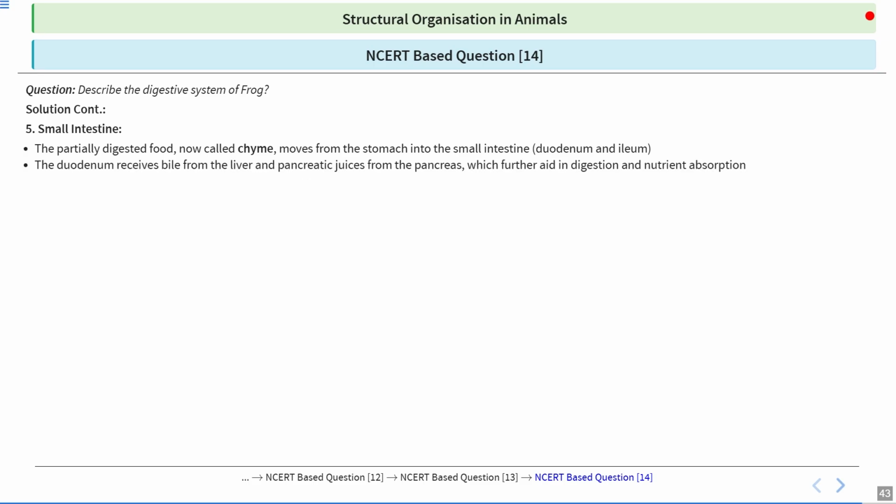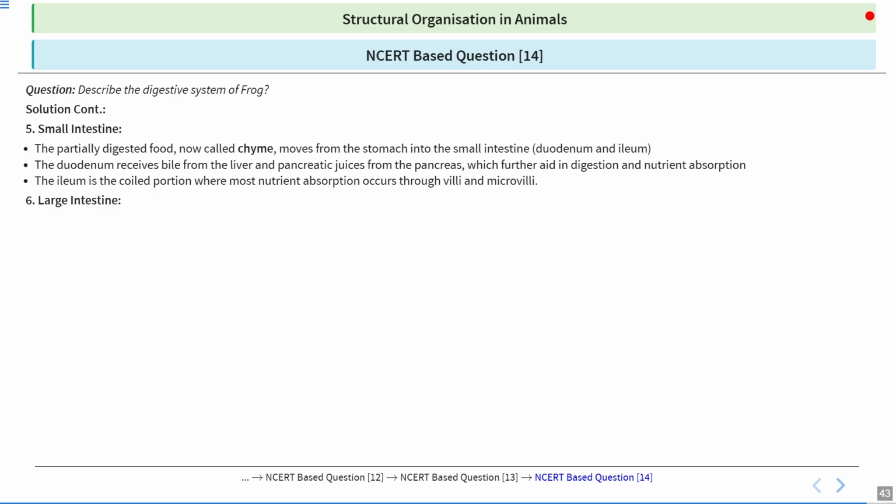The duodenum receives the bile from the liver and pancreatic juice from the pancreas, which further aid in the digestion and nutrient absorption. The ileum is a coiled portion where the most nutrient absorption occurs through the villi and microvilli. So this ileum part has the microvilli, and that helps in the process of absorption of digested food material.